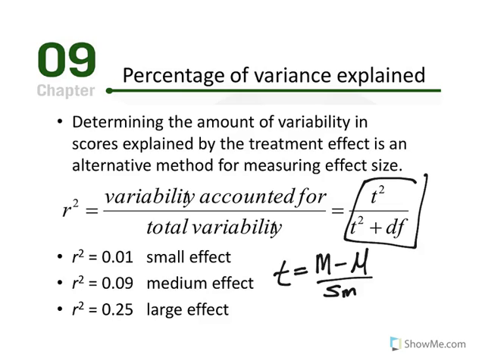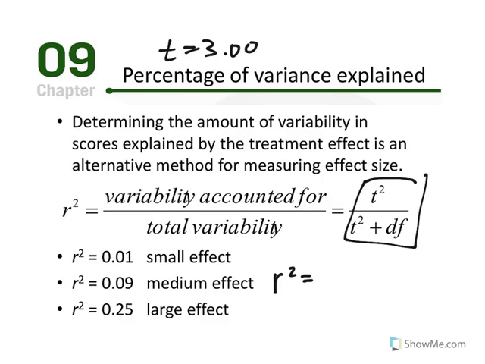So for this statistic, R-squared, we would simply replace variables. R-squared is equal to our t statistic, which for this example was 3.00. We're going to square that over t squared, so 3.00 squared, plus degrees of freedom.